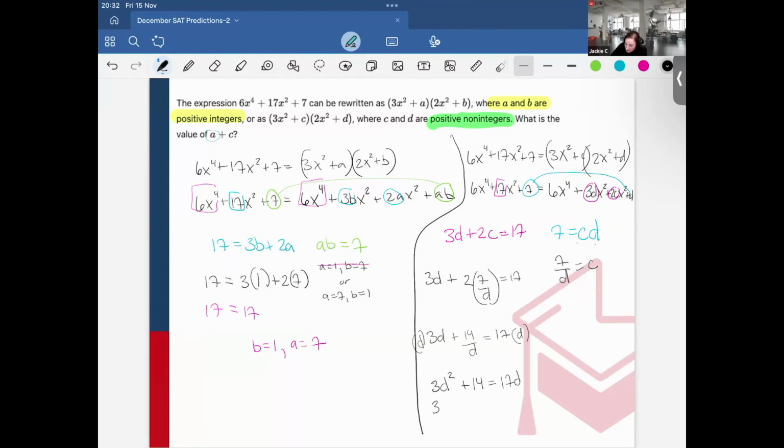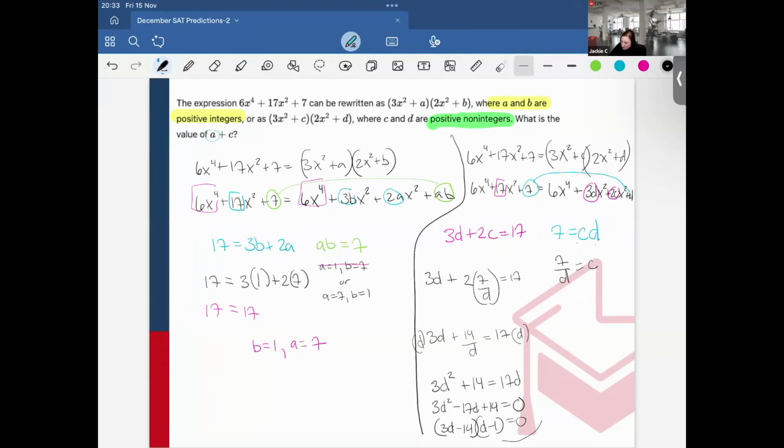And you see I'm getting a nice quadratic equation. So 3d squared minus 17d plus 14 is equal to 0. And this is factorable, so I'm going to solve by factoring. You could alternatively use the quadratic formula, but it'd be faster to do just this, which is the same as 3d minus 14 times d minus 1 equals 0.